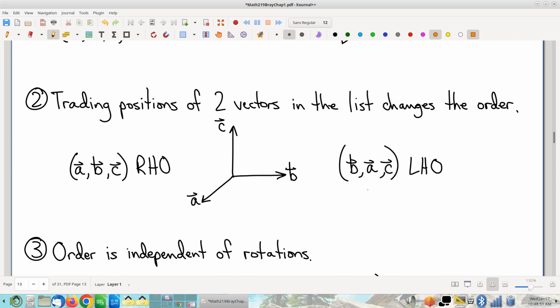I claim ABC is right-hand order for this list of vectors. A, B, C. Right? But if I switch the first two vectors and look at the list BAC, BAC is left-hand order. Yeah?